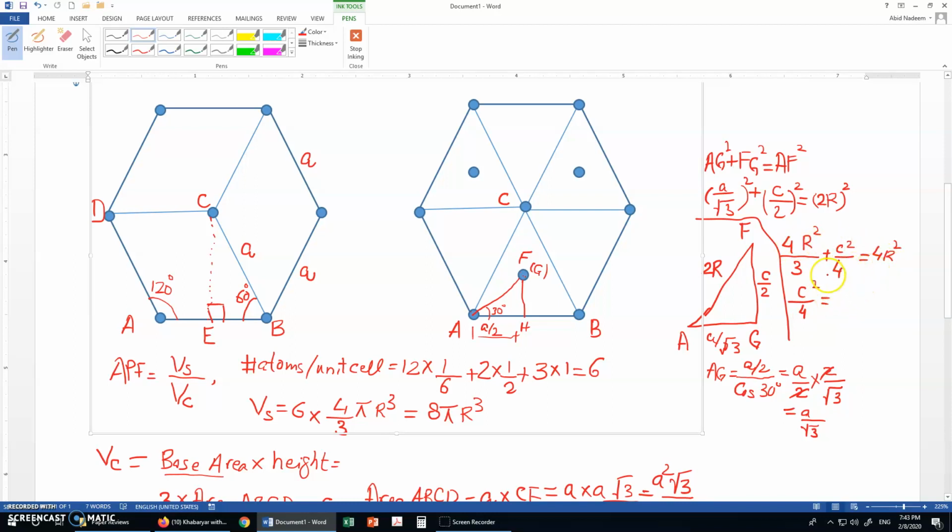So that will be equal to 4 minus 4 by 3, which is 2 times 4 by 3 R square. If you take 4R square by 3 out, it will be 2 times 3 over 4. Then we take 4 also over there, so C square is equal to 4 times 4 is 16, times 2 is 32 by 3 R square.